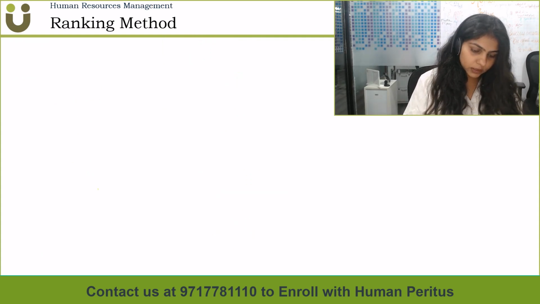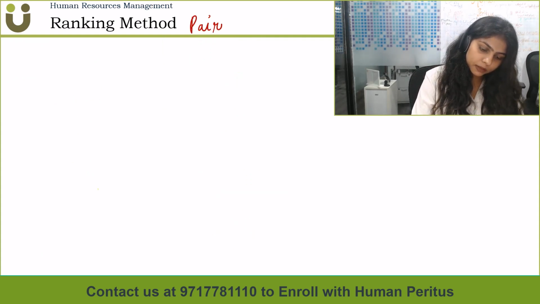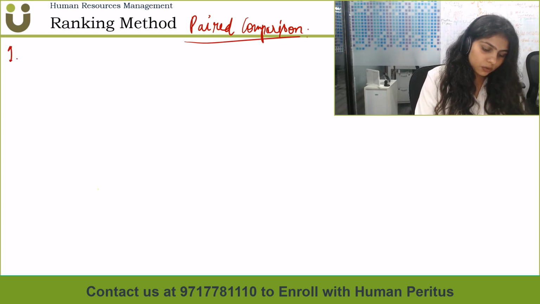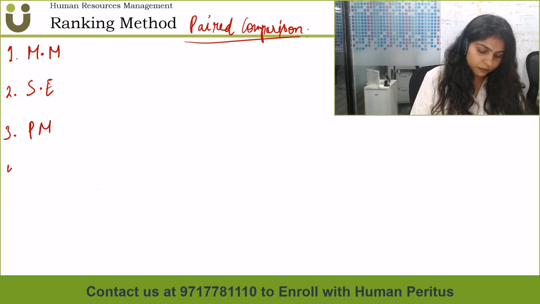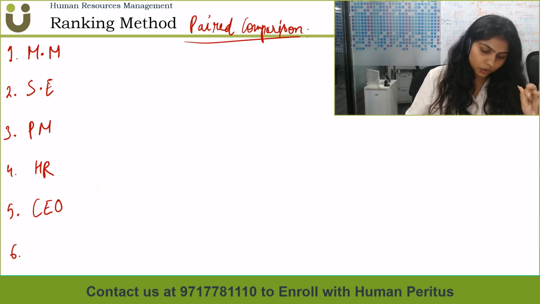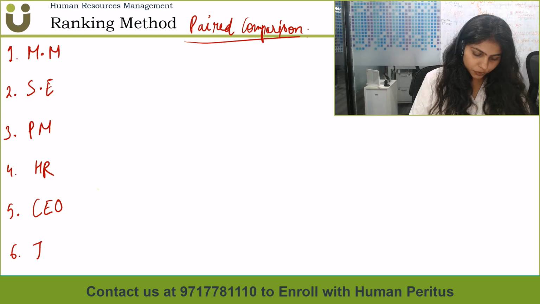Let's see what the paired comparison method is. First of all, let's list all of our jobs: software engineer, marketing manager, production manager, HR manager, let's say the CEO again, and for the sixth job I have the janitor.